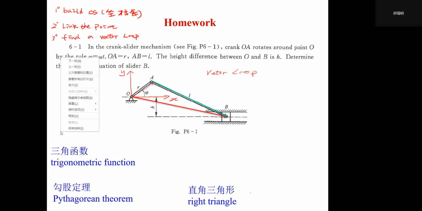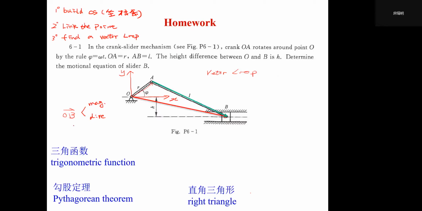So at different time moments, the magnitude and the direction of this vector OB will change. That is, we can see OB is a function of t, right? So if we can figure out its law of changing, we can find the motion information.